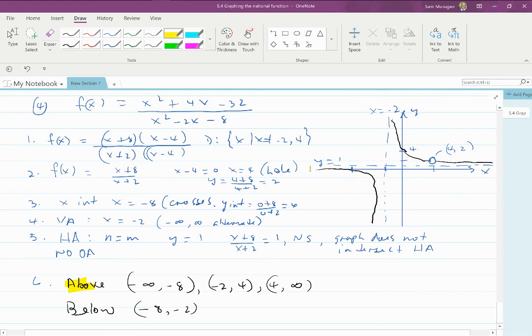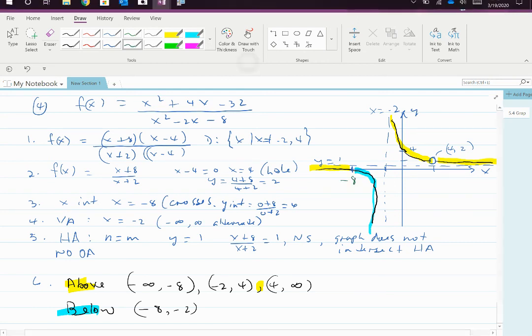This part of the graph is above the x-axis, from negative infinity up to negative 8. From negative 2 to 4 is above the x-axis, and then from 4 to infinity, because there's a hole there, we have to jump over that hole. And then the blue part is below this piece. FYI, let me just go ahead and mark in this one point here that I forgot, negative 8.